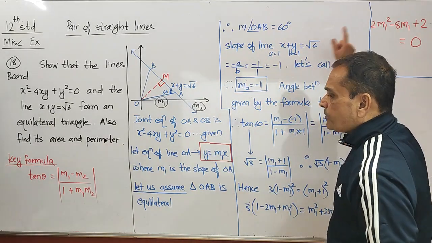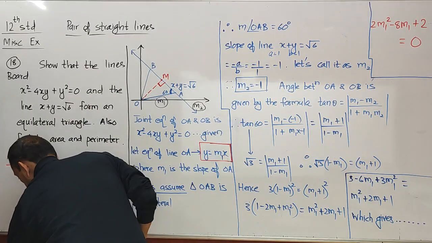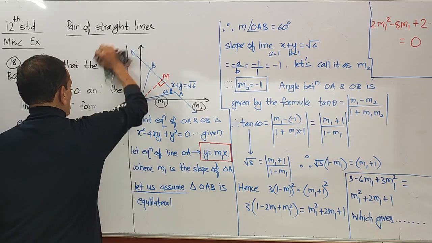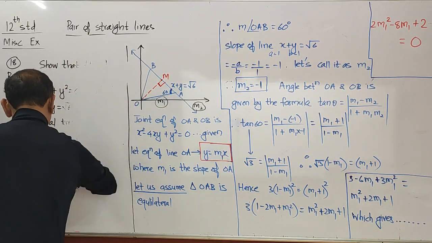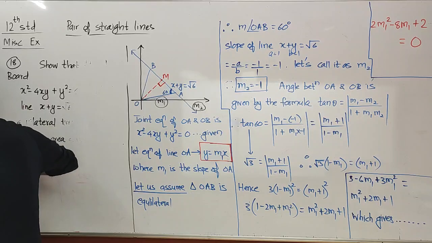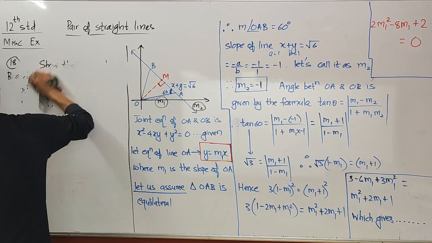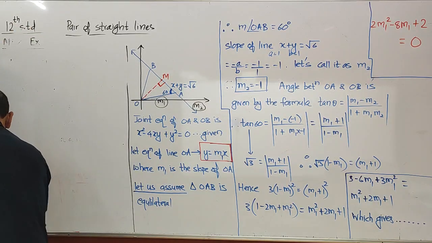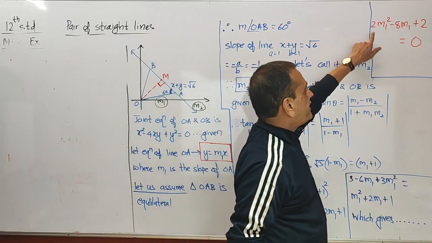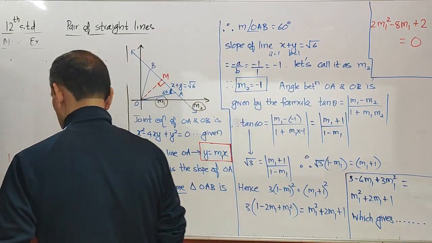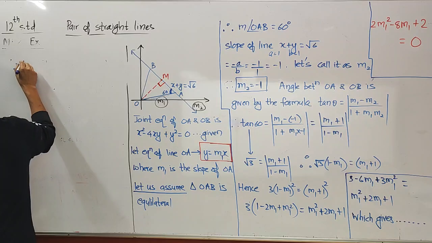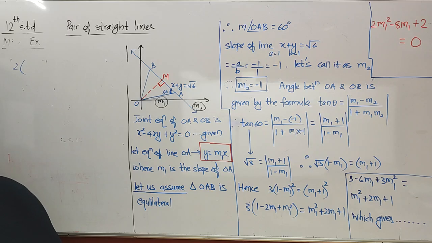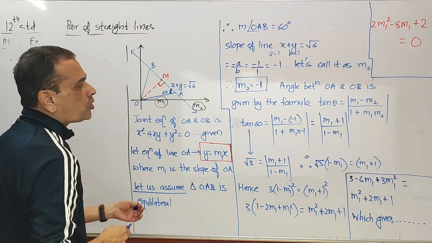Let's see now. तो यहाँ पे further मैं solve कर रहा हूँ. I am taking 2 common from this. So when I take 2 common, what do I get?